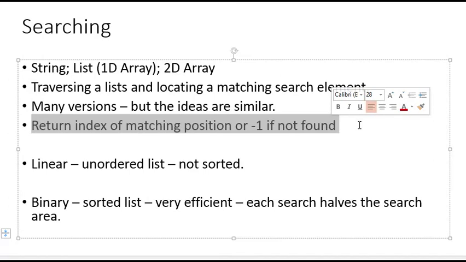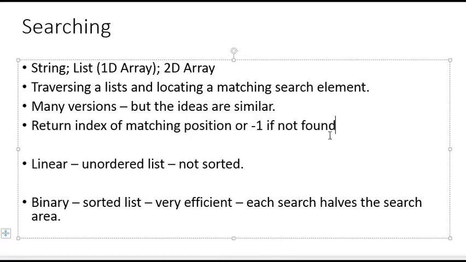Now there are variations on what you do with this, but I'm going to assume that we find a matching instance and then stop, or if we don't find a matching instance, we're going to return -1 as the index item. And that makes sense because the first index item is always going to be 0, whereas -1 would not be a possible search item. That tells me that I have not found what I'm looking for.